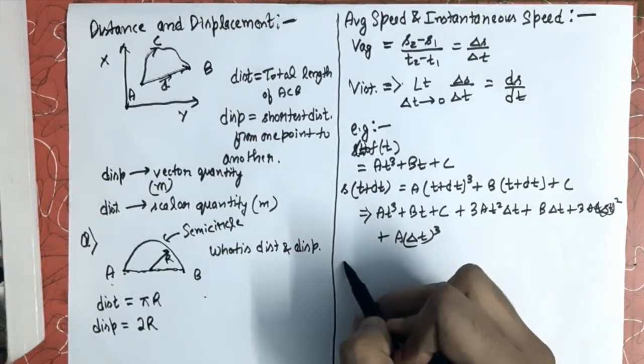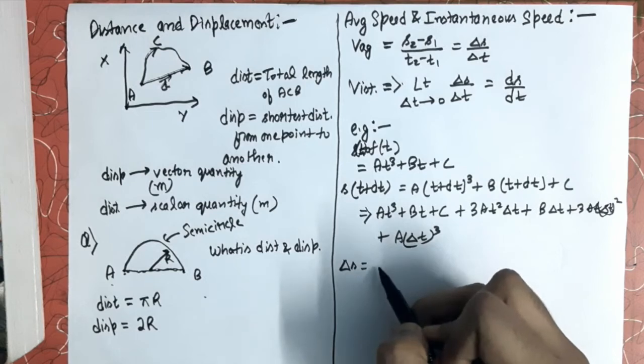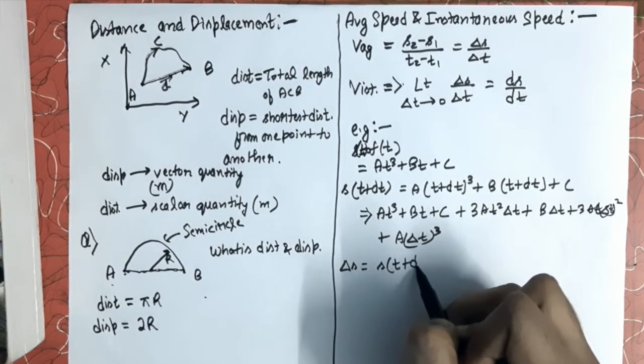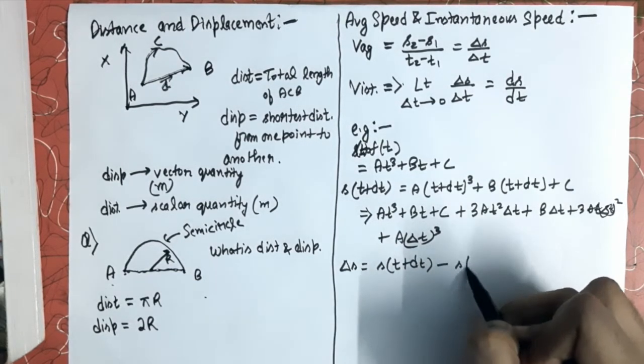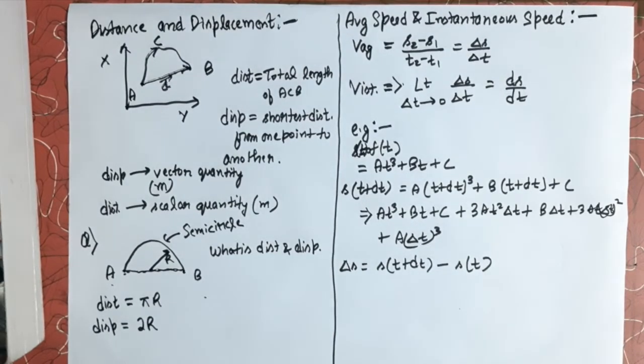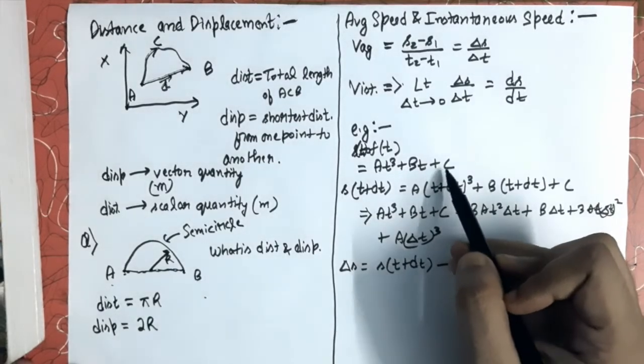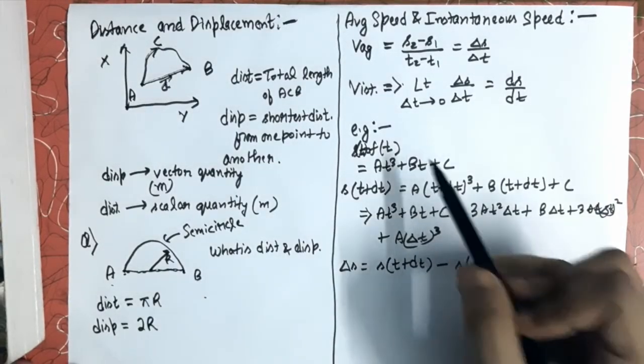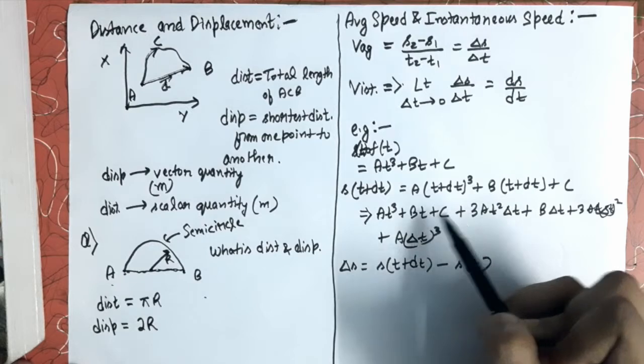Now what is delta s here? Delta s is s of t plus dt minus s of t, the distance traveled at time t plus dt minus the distance traveled at time t. If we subtract, we can see that these three terms get cancelled.